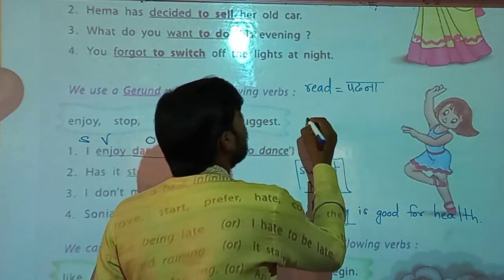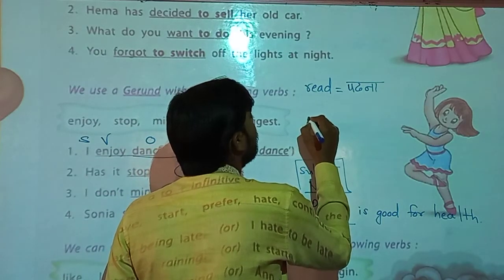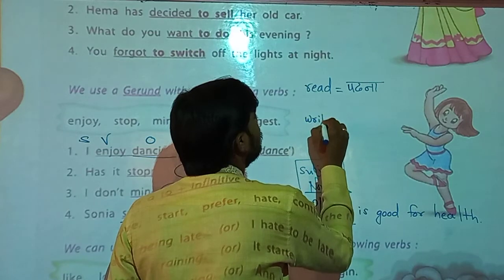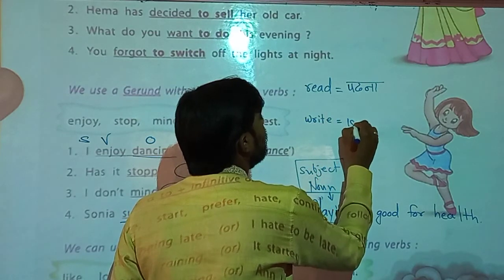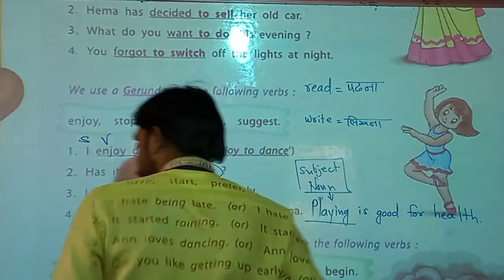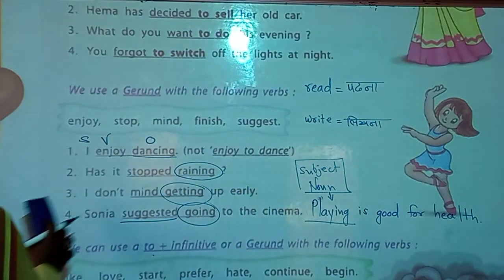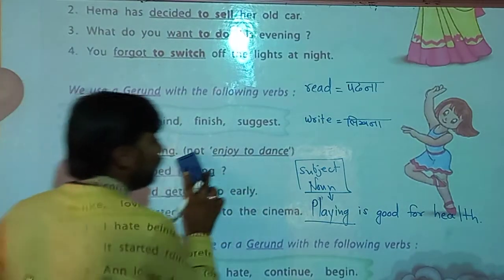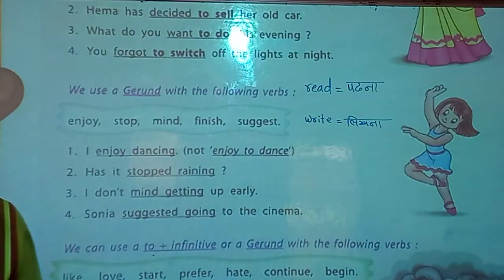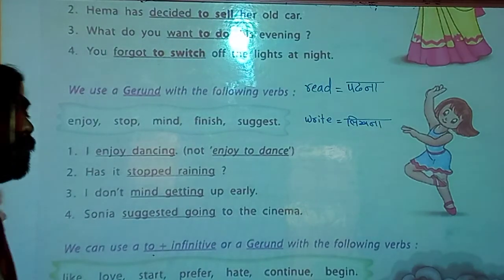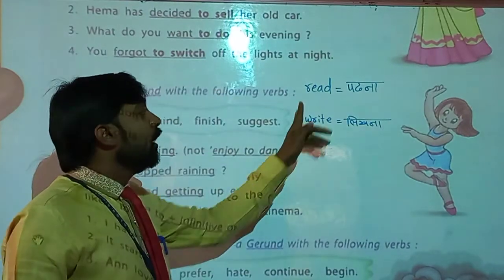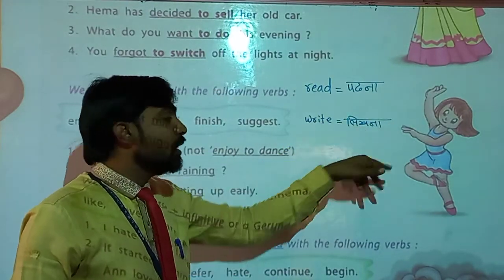Second, write. इसका क्या मतलब हुआ? लिखना. अब देखो, रीड मीन्स पढ़ना, राइट मीन्स लिखना.